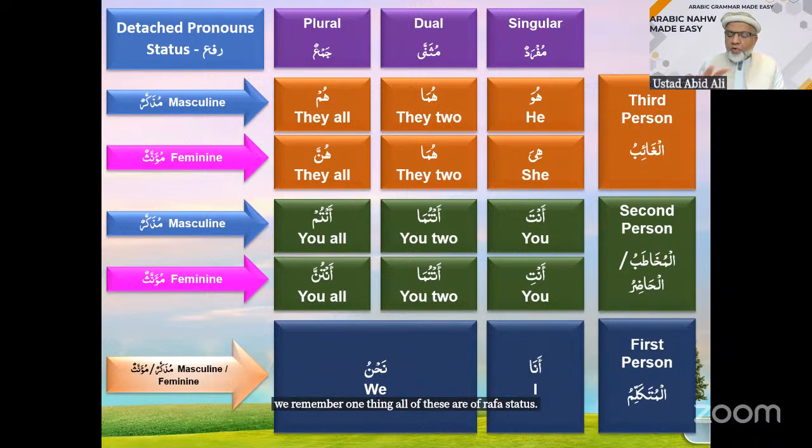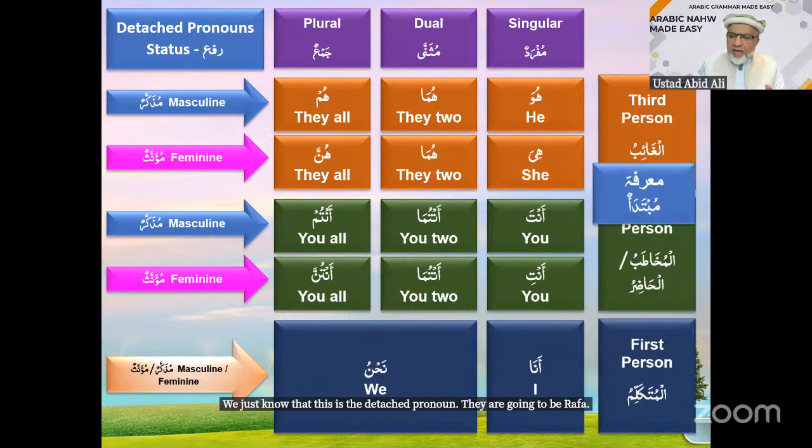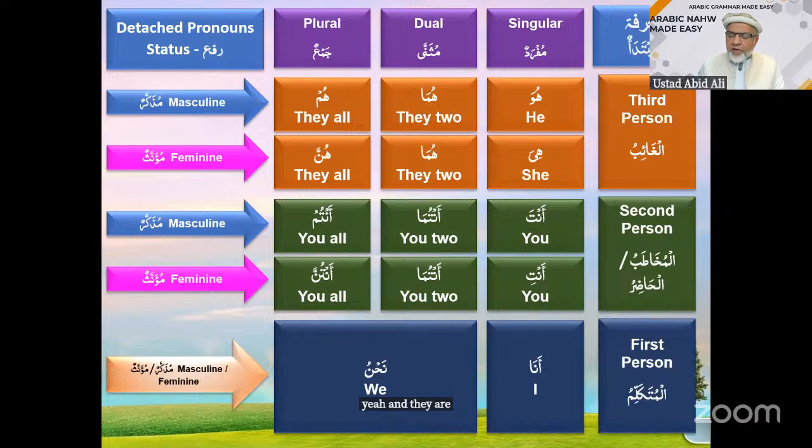We don't look for the Dhamma, Kasra or Fatha. We just know that this is a detached pronoun, and they are going to be Rafa. They are always going to be Marifa. If they are Marifa, then in a nominal sentence, they are the best candidates for a Mubtada. Is that information now more solid in your brain?